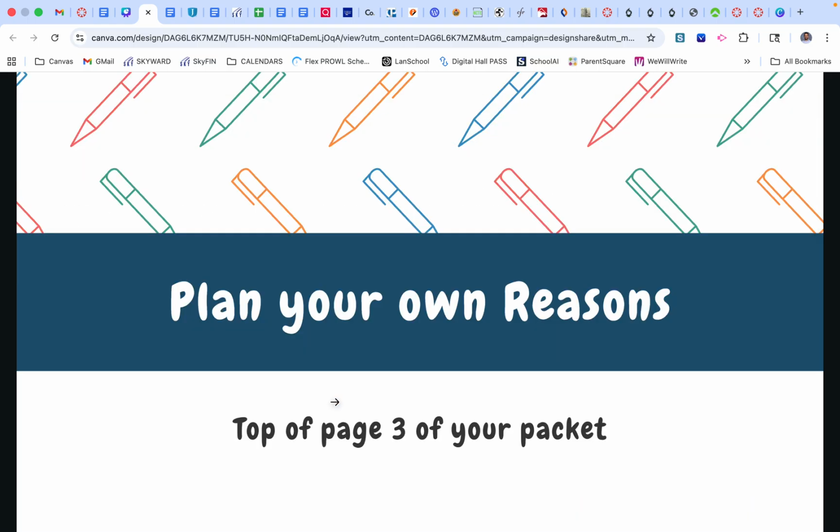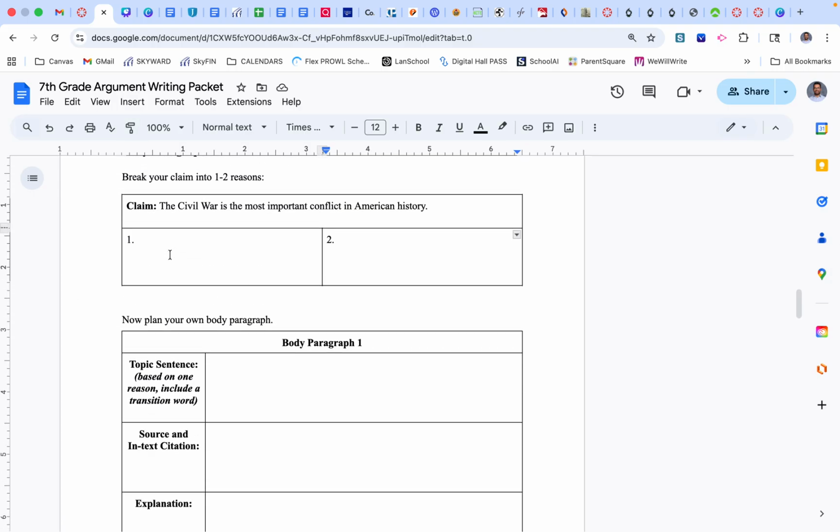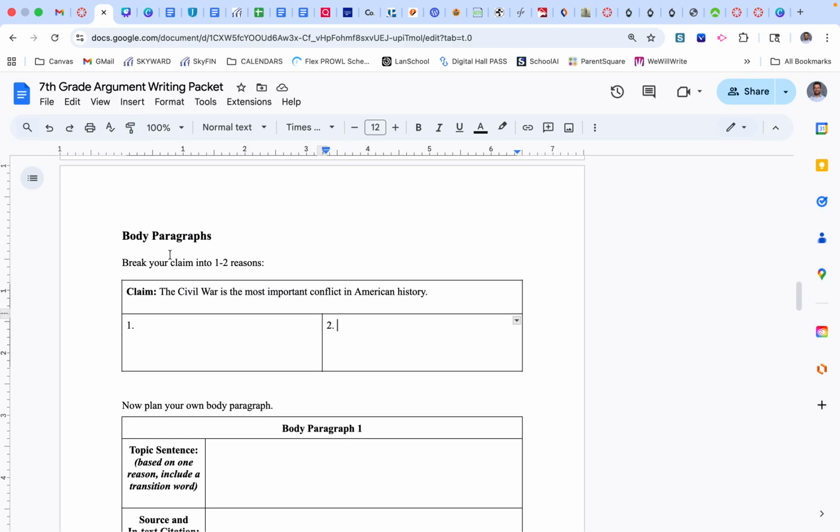So what you're going to do now is get your blue packet out, if you haven't already, and get to page 3 here. Write your claim in, like I have done, and then you need to think of 2 reasons.